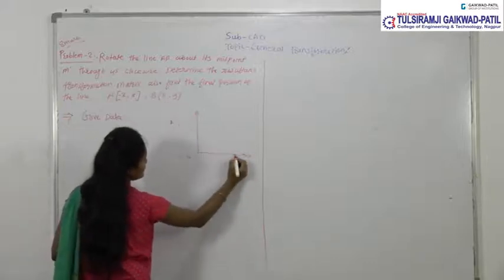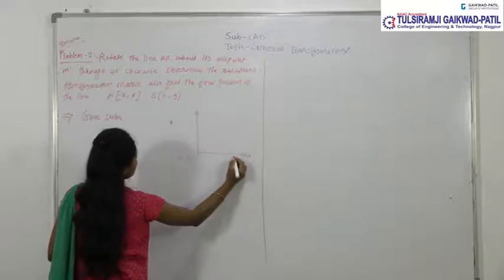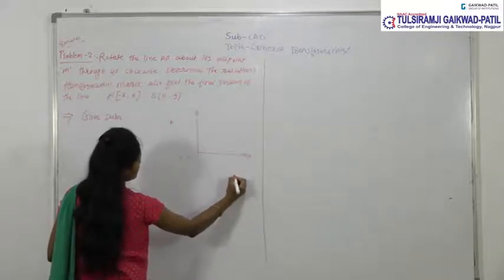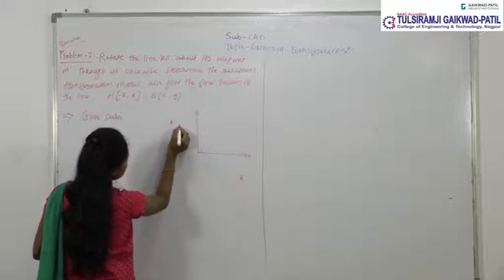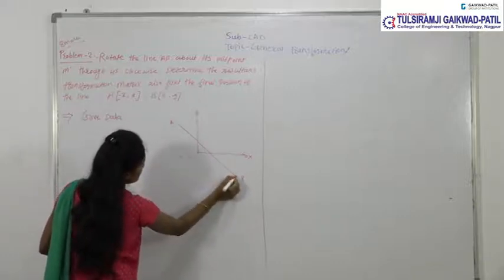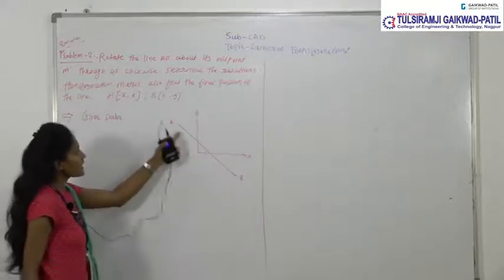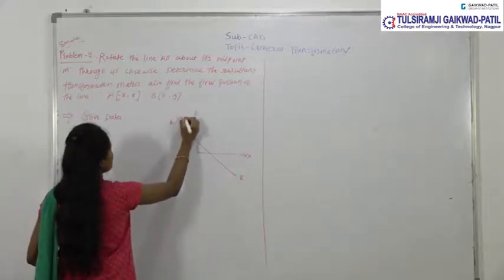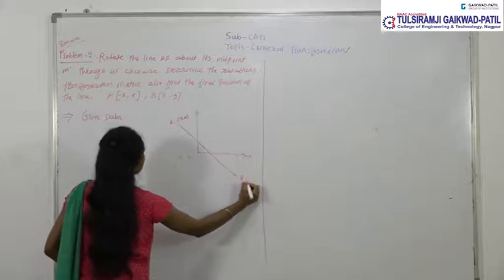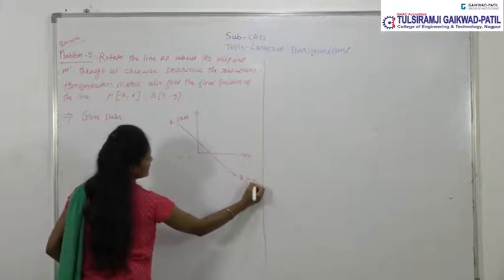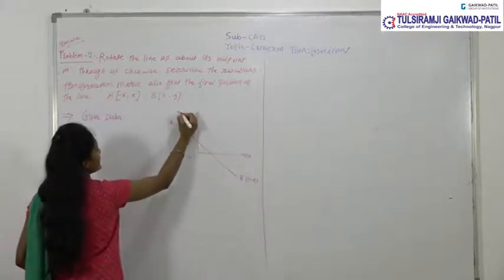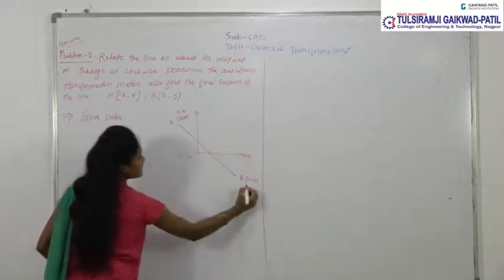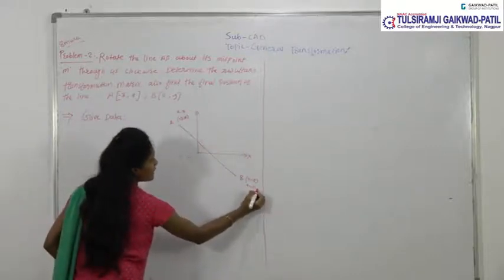Suppose we consider this as 11 and minus 9 here. So this is the point B, and we consider this the line AB. A has coordinates minus 3, 8 and B has coordinates 11, minus 9. We consider this as x1, y1 and this as x2, y2.